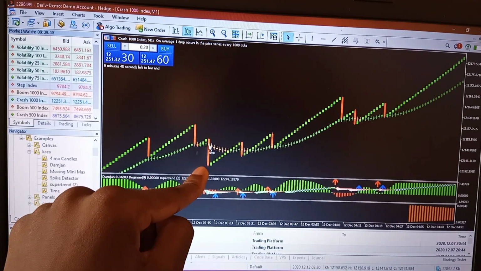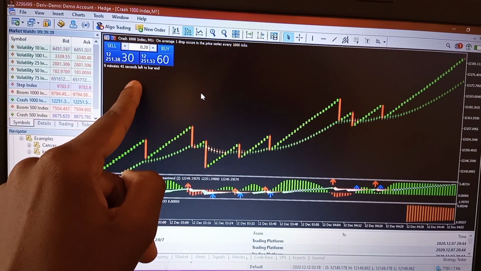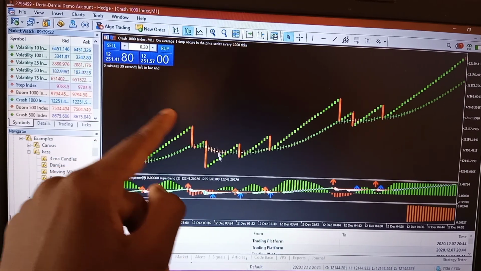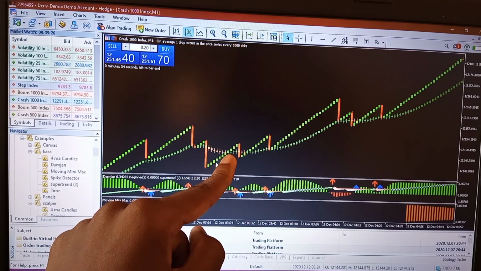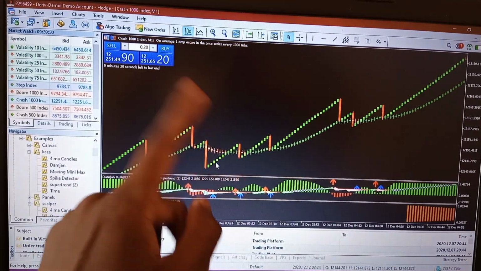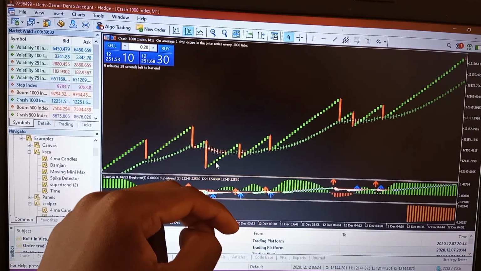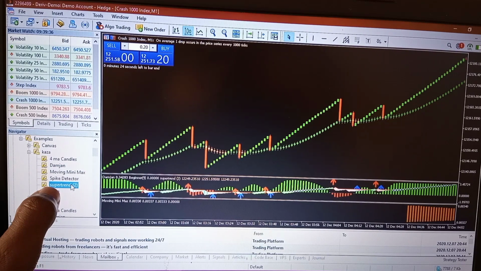As you can see, the timer shows you how many seconds are left for it to disappear. It also applies to the green candles, showing you how many seconds or minutes remain to go to the next one. After the timer, we'll go to the super trend, this one.